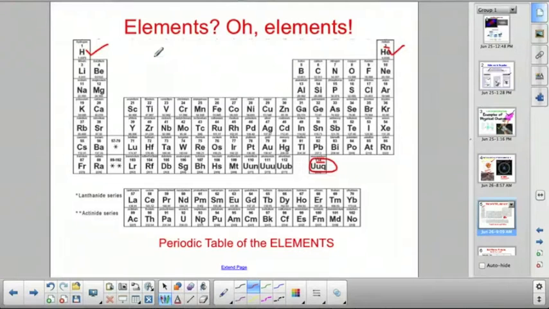Helium is made up of atoms that only contain 2 protons, and so on and so forth. But when you take 2 or more elements and combine them, then you can start to make different things. So atoms are the smallest unit of matter, and elements are all of the atoms of a particular type.